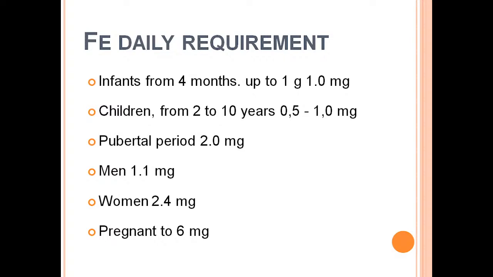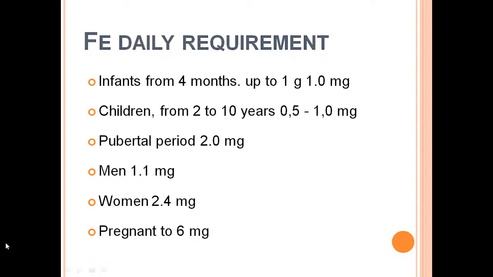In this slide you see the iron daily requirement, and you see these changes in needs for each age group. For example, for infants from 4 months old, up to 1 milligram. Children from 2 to 10 years old need 0.5 to 1 milligram per day. Puberty period 2 milligrams, man 1 milligram, woman 2 to 4 milligrams, and pregnant women 2 to 6 milligrams per day.